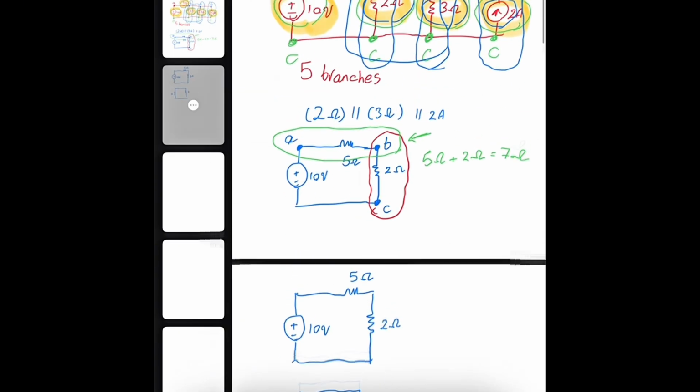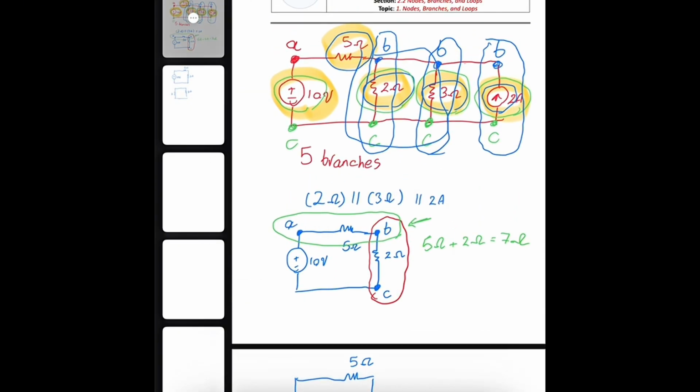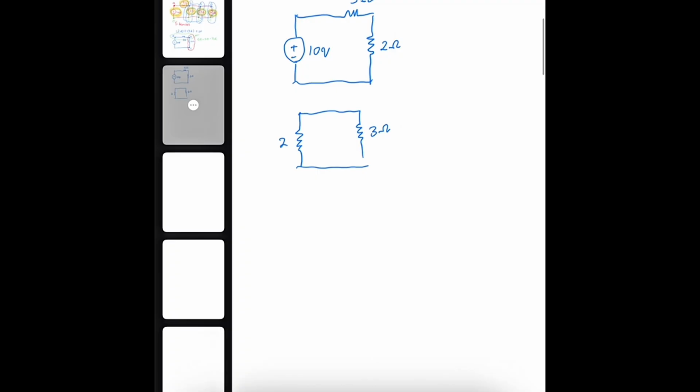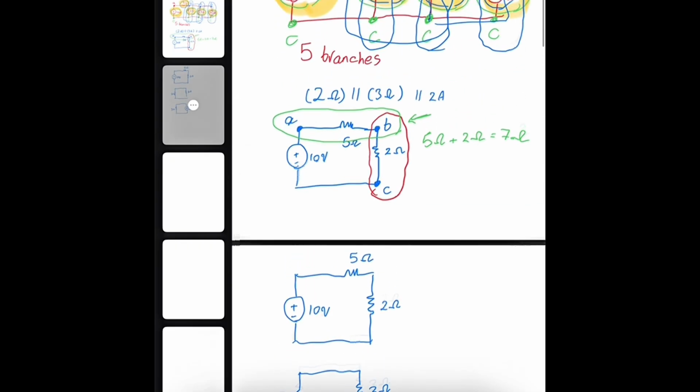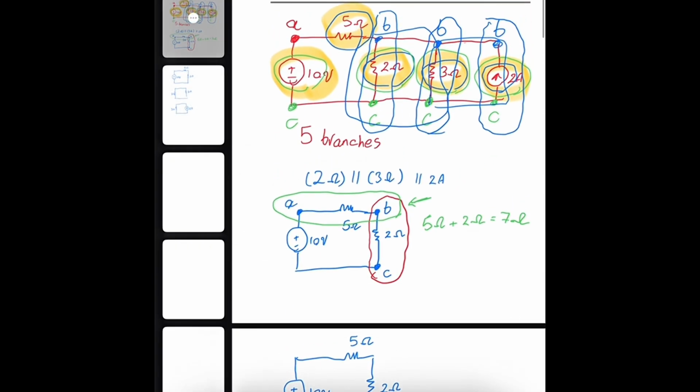This is another closed loop, or I can consider the third one from here to here, which is the 3 ohm resistor with the 2 ampere current source. Or also there are other possibilities.